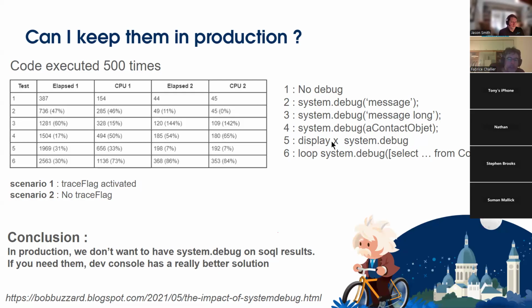So for me, it's not a big deal to have system debug like those in production, because I know they won't have a big impact. Those ones are the ones I will try to avoid, not because of the impact on production, but because they will add a lot of information inside the Apex log if I activate the trace flag.